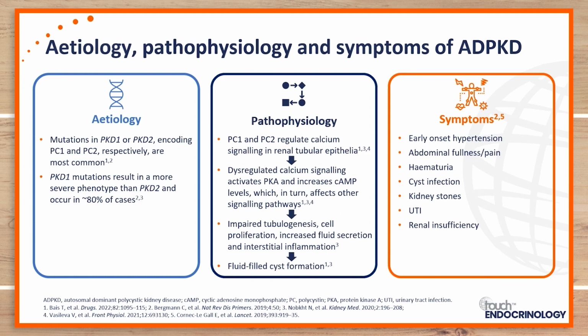This leads to impaired tubulogenesis, cellular proliferation, increased fluid secretion, and interstitial inflammation, ultimately leading to fluid-filled cyst formation. Patients typically will present with early onset hypertension, abdominal fullness or pain, hematuria, cyst infection, kidney stones, urinary tract infections, or renal insufficiency.